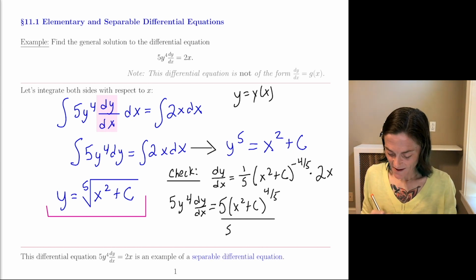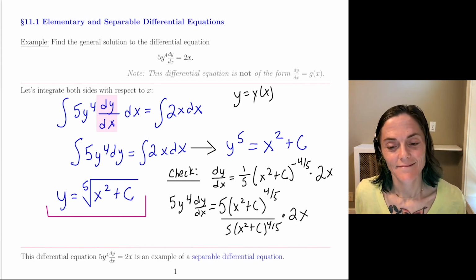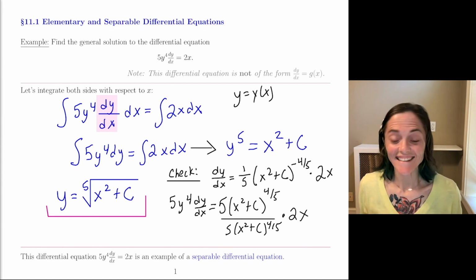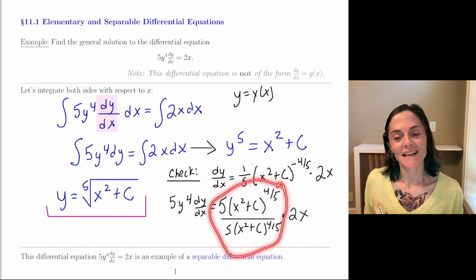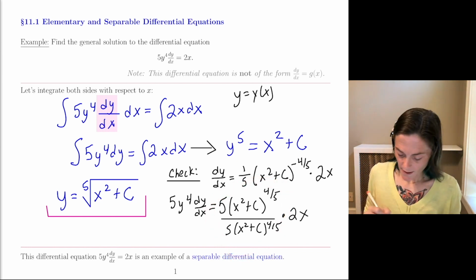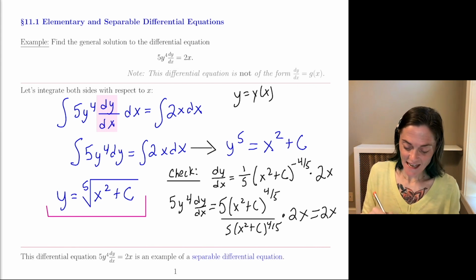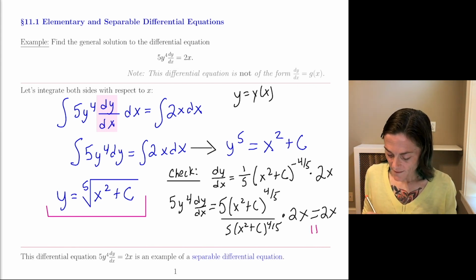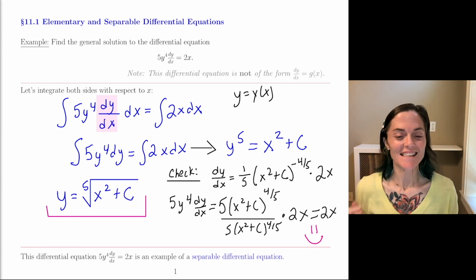We have a 5 times x squared plus c to the 4/5. Right? Now, you notice this quantity is 1, and so we're left with 2x. Okay, this is, as I mentioned, the only one I will verify this video, but it is wonderful to practice.